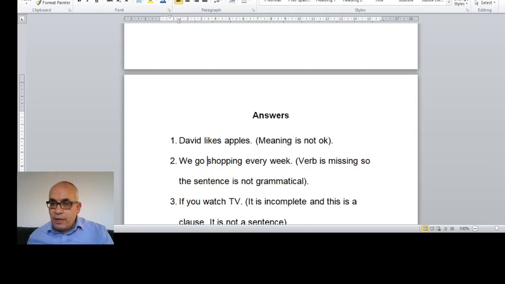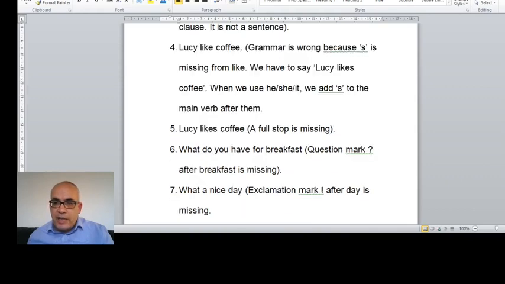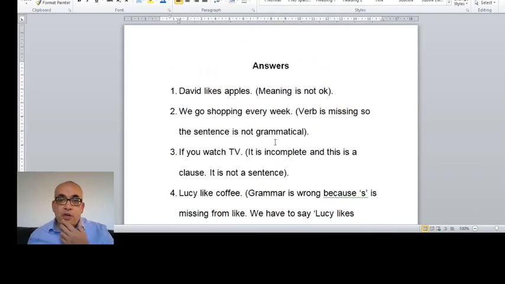Now text number 3, sorry. If you watch TV, this one is not complete. If you watch TV, it's not a sentence, it's a text, it's not complete. It's a clause, we call it in English a clause, which means I can see you is a subject, I can see watch as a verb, and TV, what comes after the verb, which is a complement. So I have got everything.